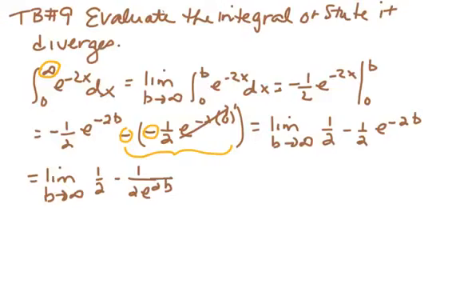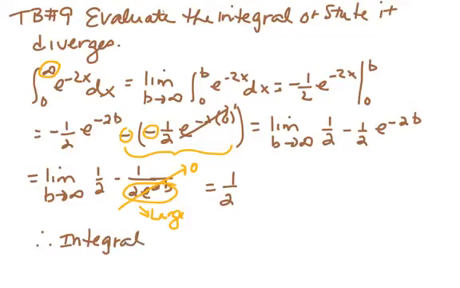So as b grows and grows, this term gets very large quickly. And you've got 1 over a very large number. That's going to go to 0. So the answer here is equal to 1/2. So therefore, this integral converges to 1/2. And that's your answer.